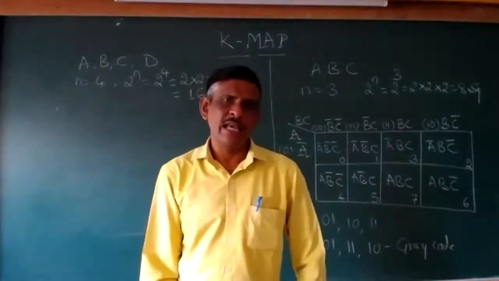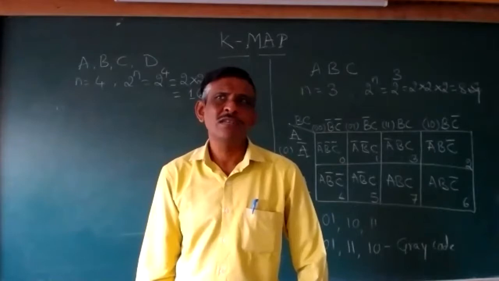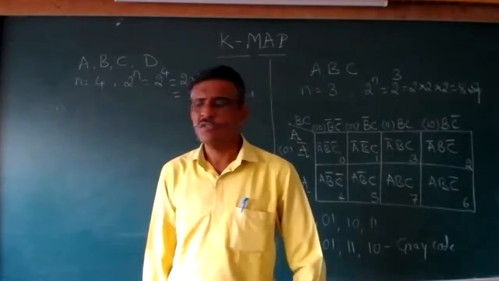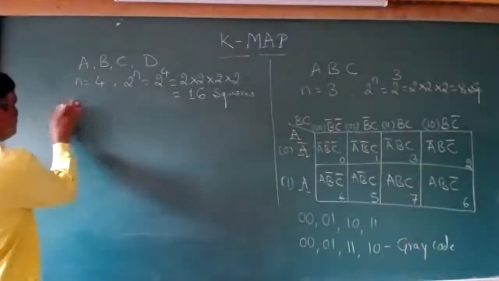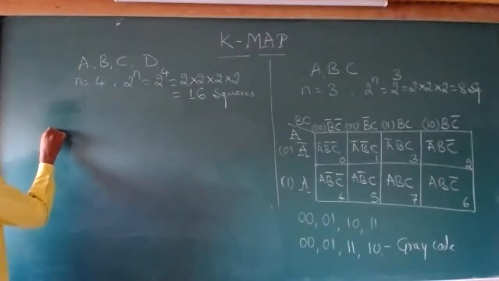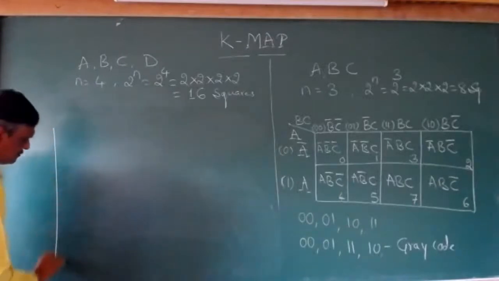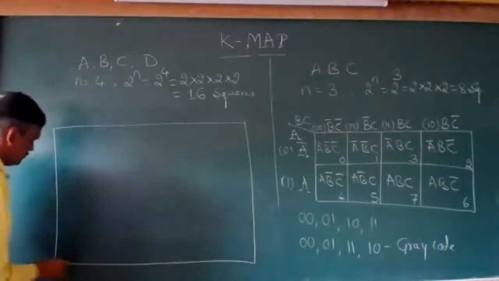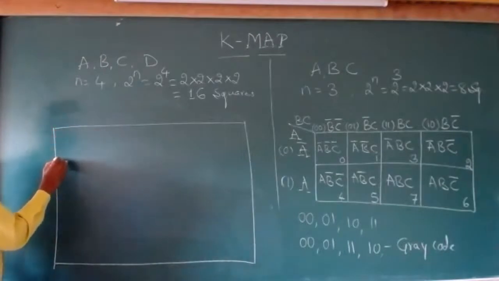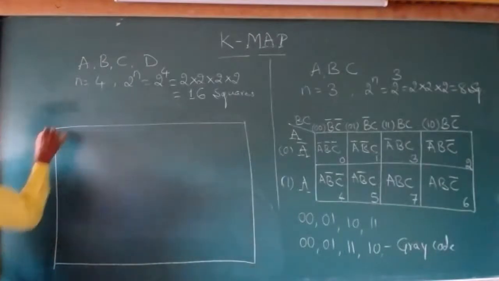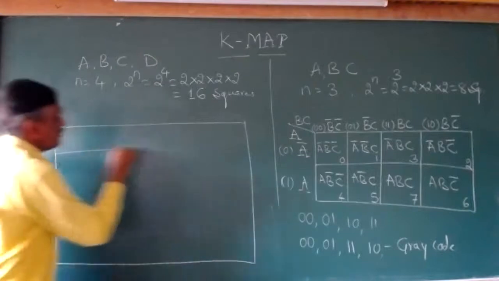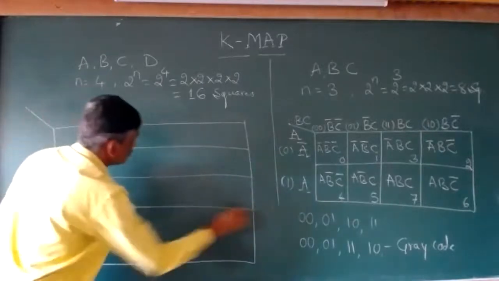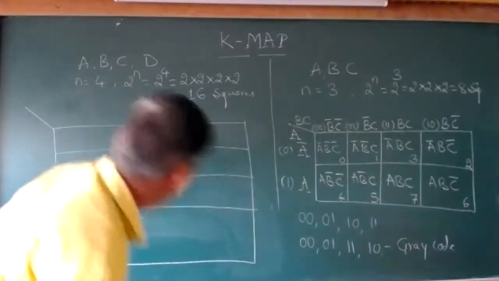Now, 16 squares are there. This is very easy because 4 rows and 4 columns will give 16. So draw 4 rows and 4 columns. First row, second row, third row, and fourth row.